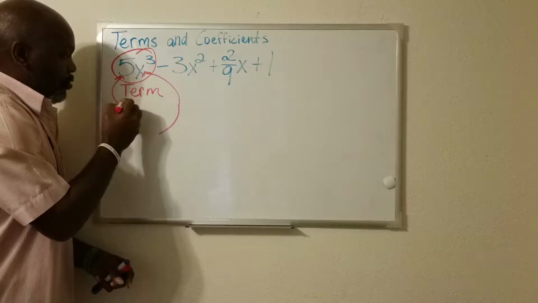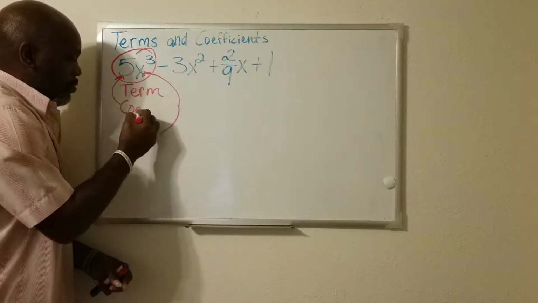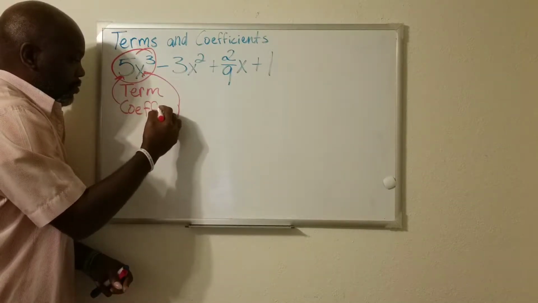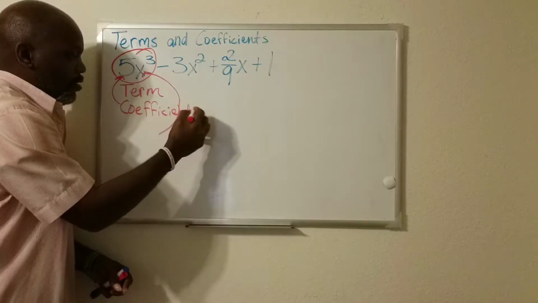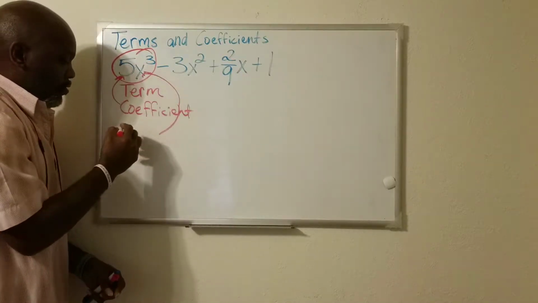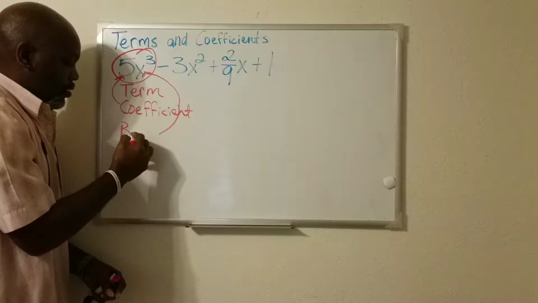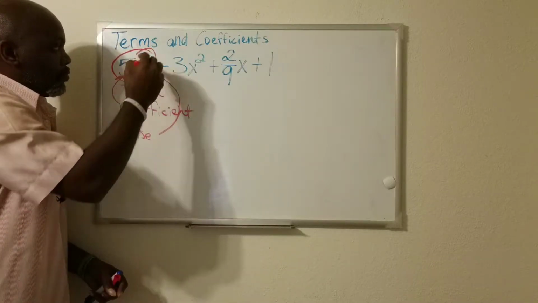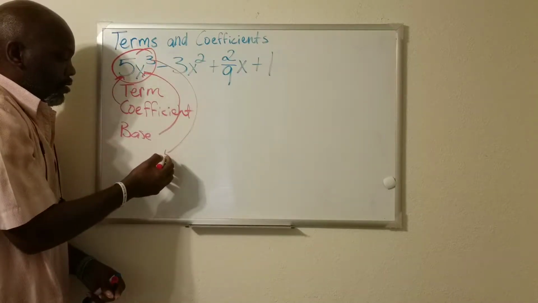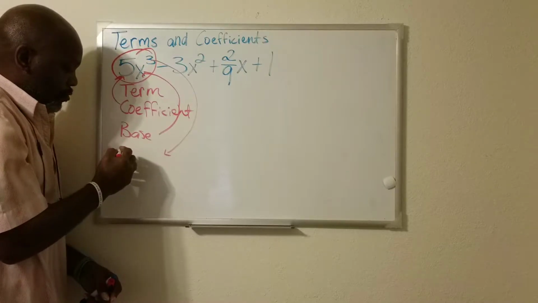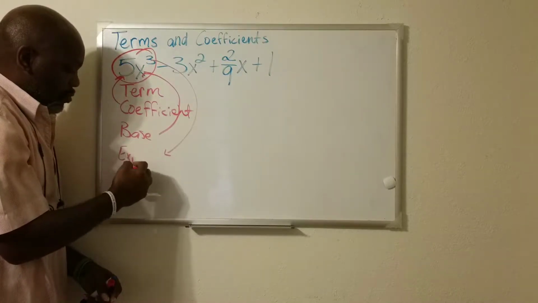The 5 is your coefficient. Please check to make sure I spell that right. The x is your base. And the 3 is known as your exponent.